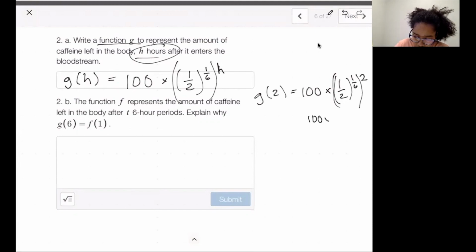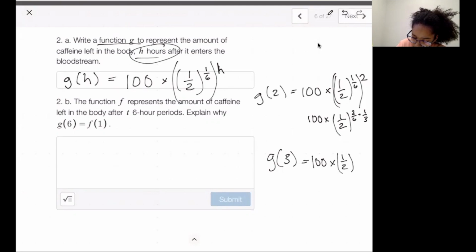That's equal to 100 times 1/2 to the power of 2/6, or 1/3, which is still representing 2 hours out of my 6-hour time period. If I replace with g of 3, I will get 100 times 1/2 to the power of 1/6 to the power of 3, and that will give me the time period for 3 hours. And then whatever I replace h with is representing the hours.